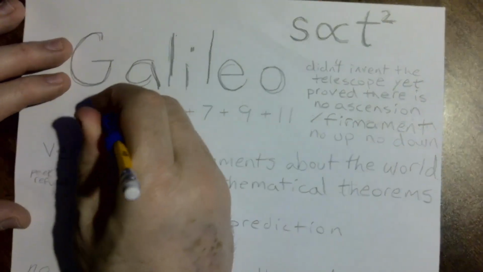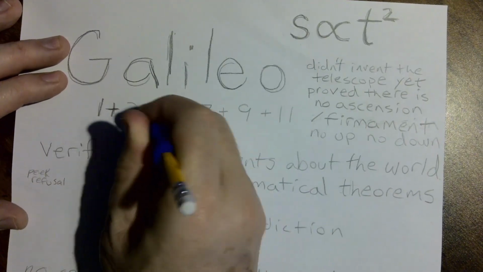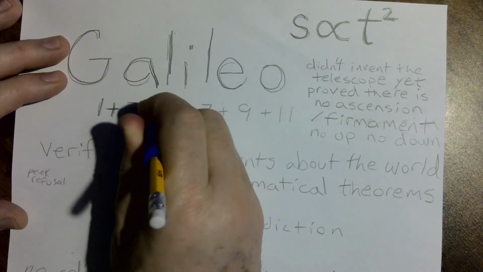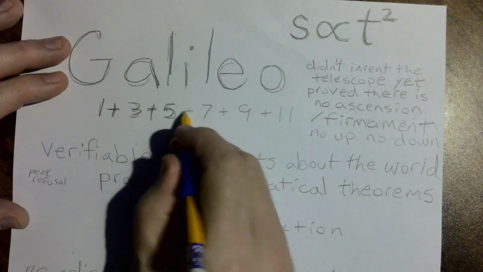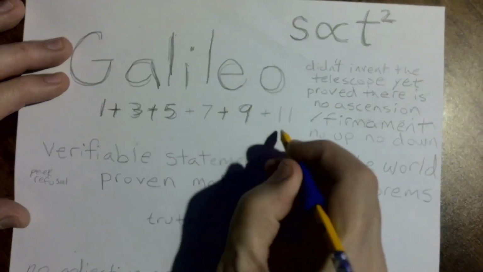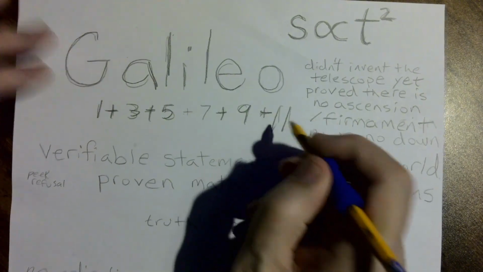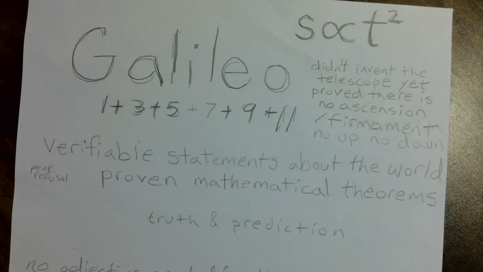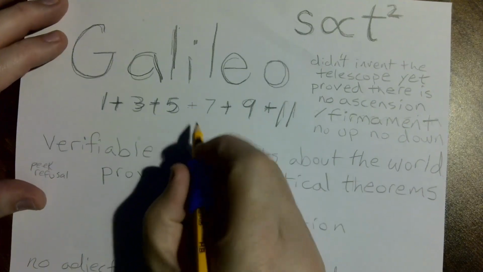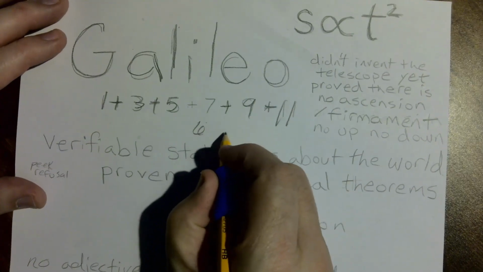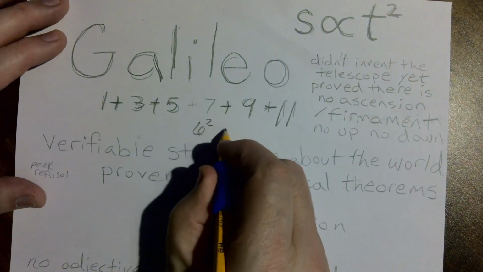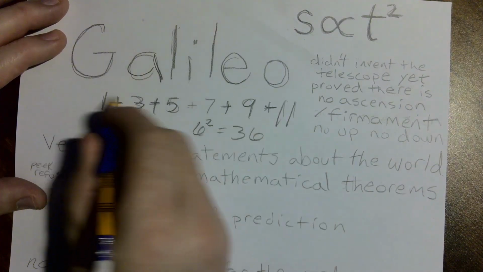Galileo looked at these numbers here. 1 plus 3 plus 5 plus 7 plus 9 plus 11. See how many numbers we got there. 1, 2, 3, 4, 5, 6. The first 6 odd numbers. So I'll square 6, and that gives me 36, and that's what these add up to.